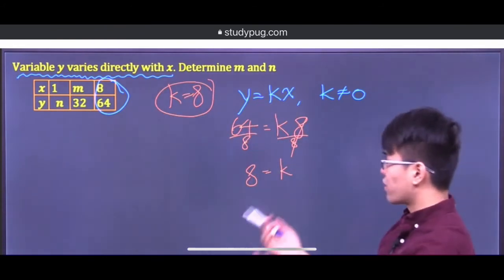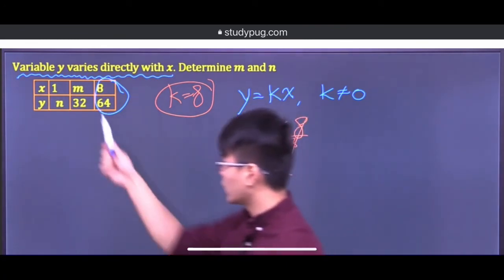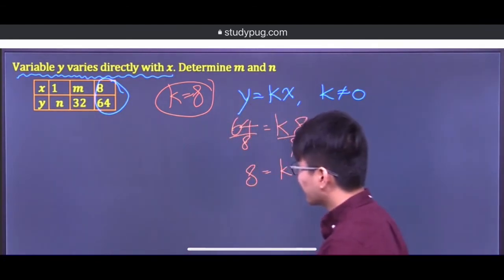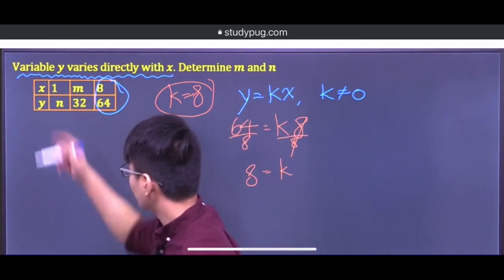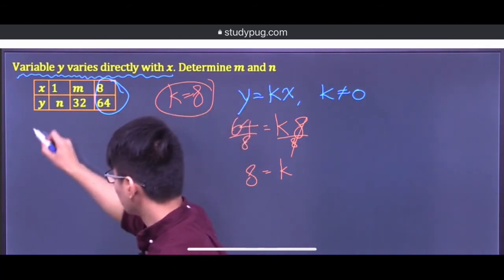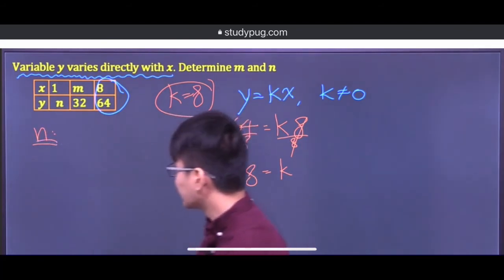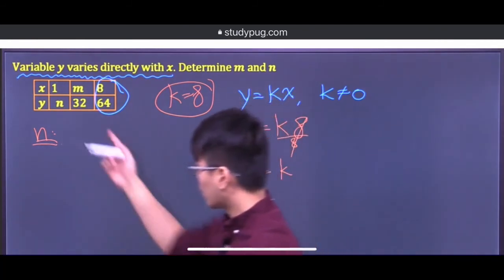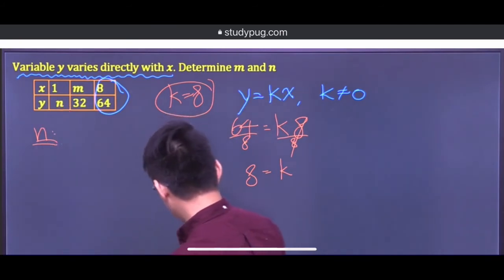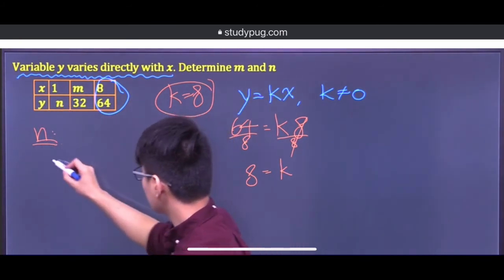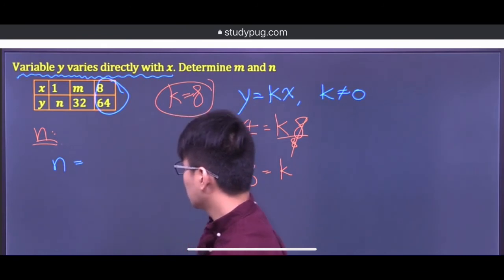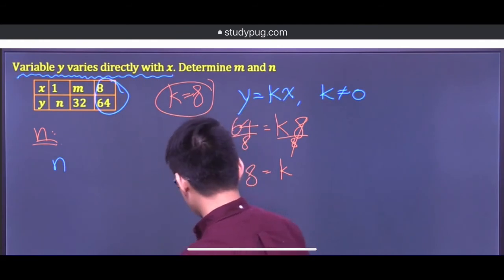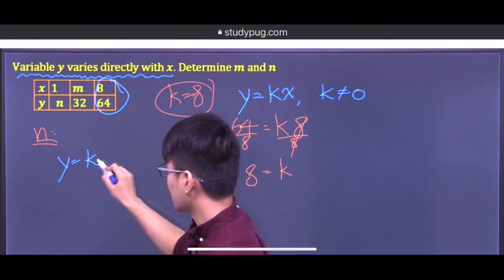Cool. Now, with this information, we can figure out what m and n are. Let's solve for n first. To find n, we simply plug things into this equation again. I'll write down the entire equation first: y equals k times x.